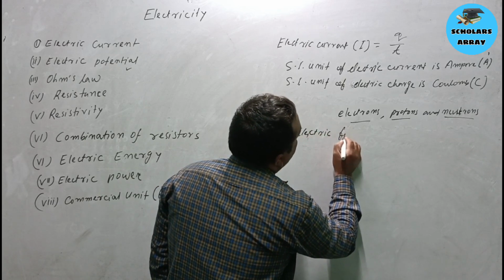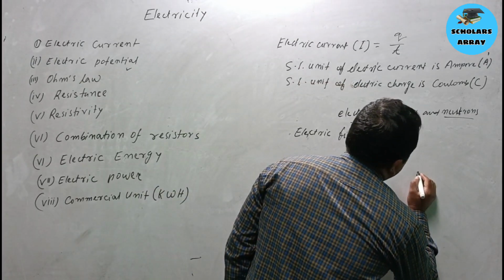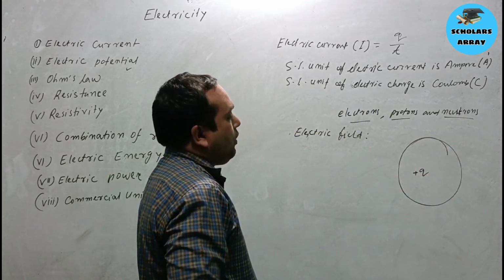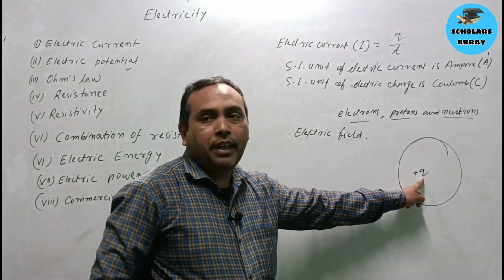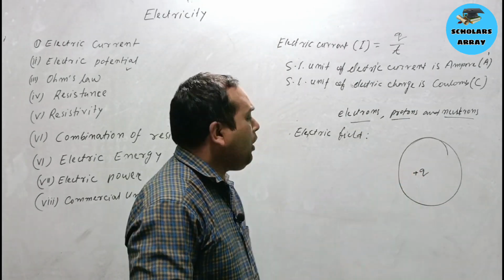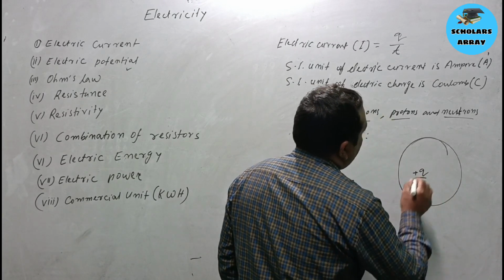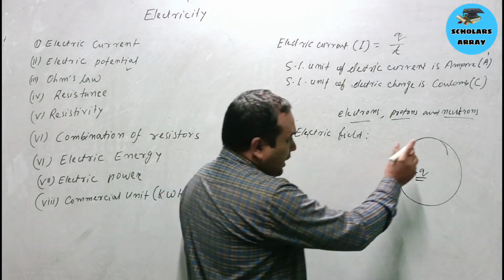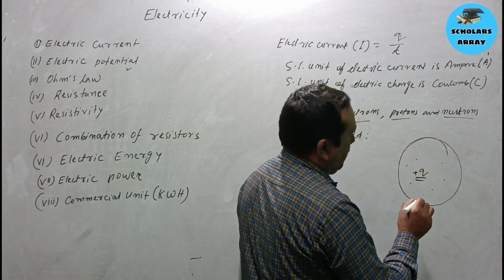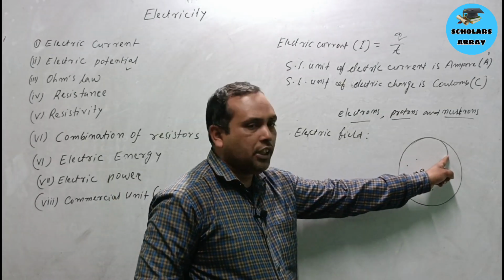If we consider a charged particle here, say plus Q, around this we will have a space or region where we will experience its force, and that will be called the electric field of this charged particle. Now electric potential: in this field, at different points we will experience different potentials. Closer to the charge, potential will be more, and away from the charge, potential will be less.